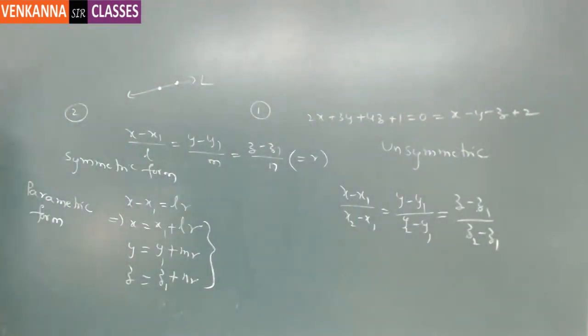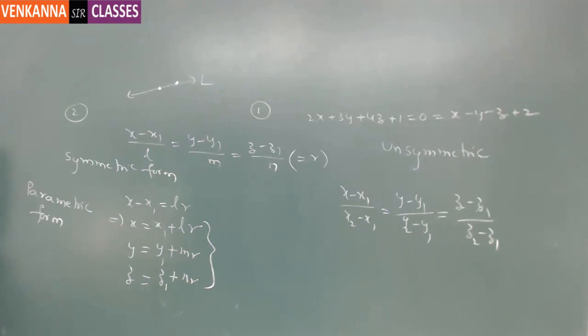So if we have taken that x1, y1, z1 is 1 point on the line, x2, y2, z2 is another point on the line, then you are writing the line equation using the 2 points in symmetric form, which is (x minus x1) by (x2 minus x1) equals (y minus y1) by (y2 minus y1) equals (z minus z1) by (z2 minus z1).